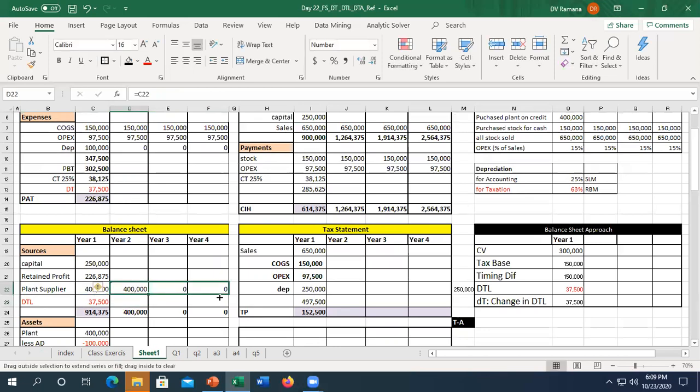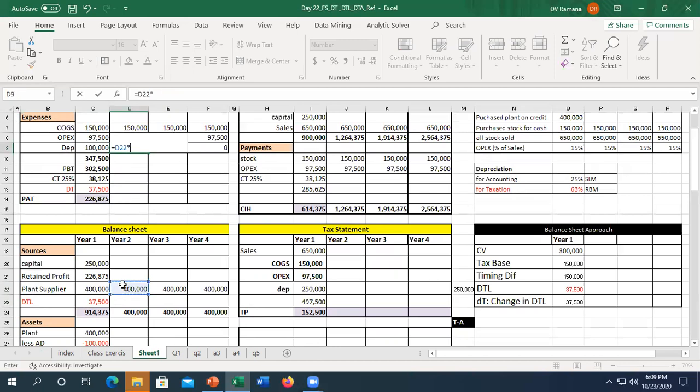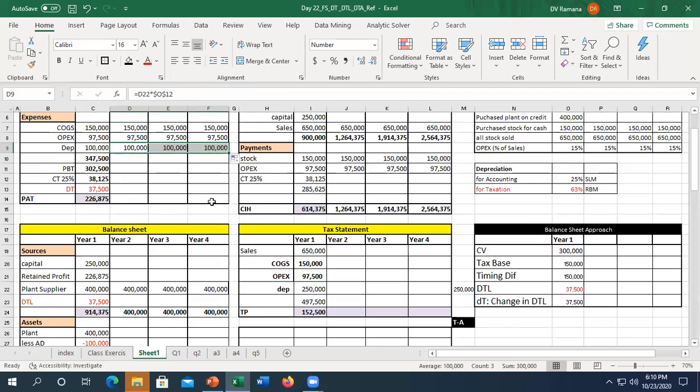So in all 4 years, the original cost is 400,000, and depreciation is charged at the rate of 25%. We'll put this as fixed so that we'll not have any problem later. Therefore, depreciation is 100,000 for each year.